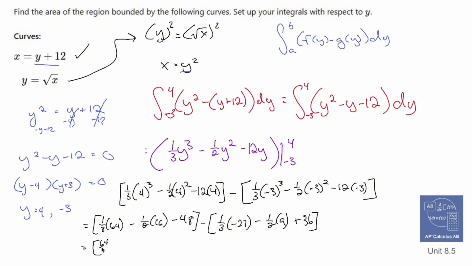Ugh. 64 over 3 minus half, so minus 8 minus 48, minus 1/3 of negative 27 is negative 9, minus 9 over 2, plus 36.